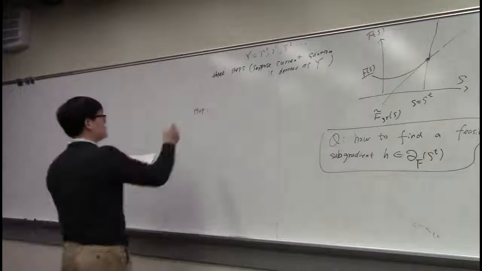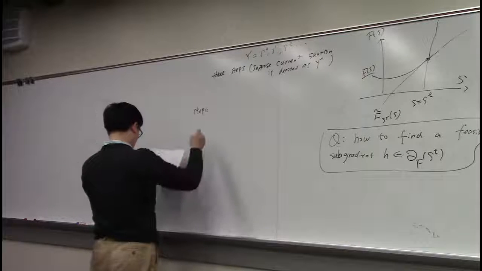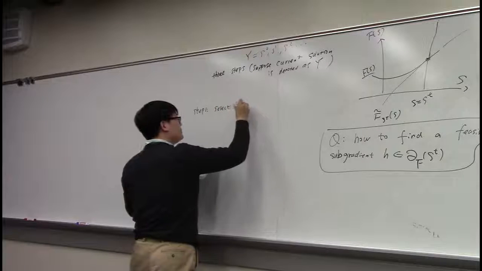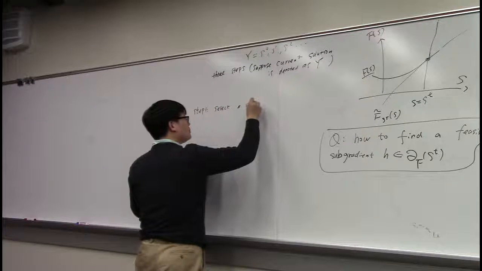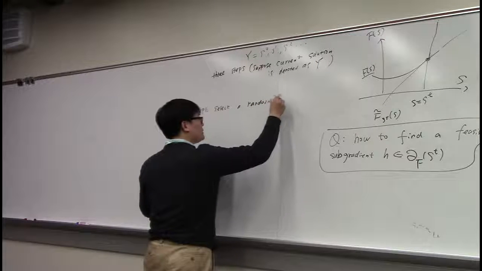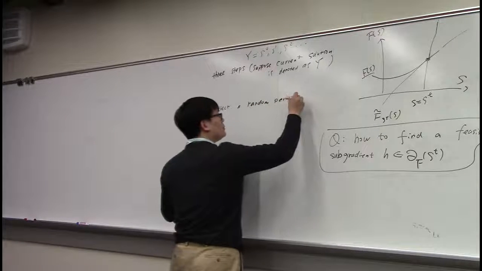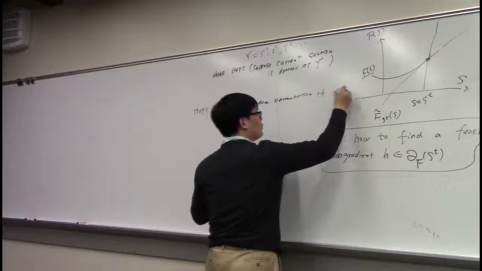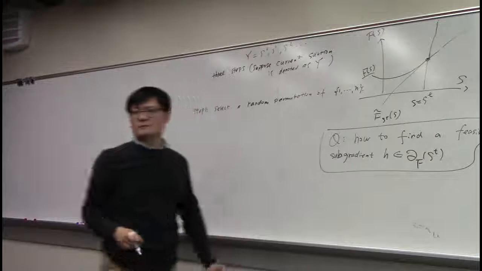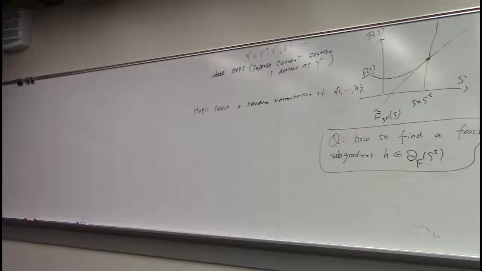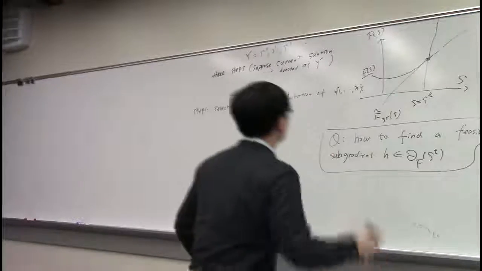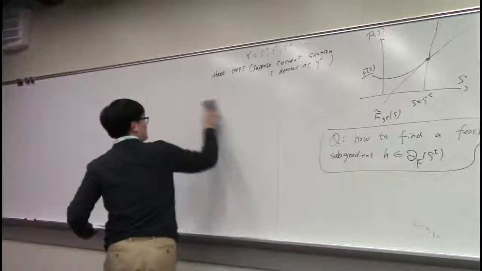Step 1. Select a random permutation of 1 to n. So we have 1 to n, just randomly permuted, a random sequence.